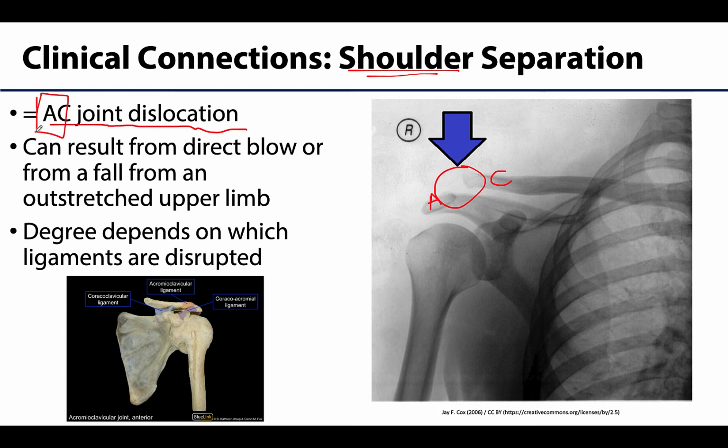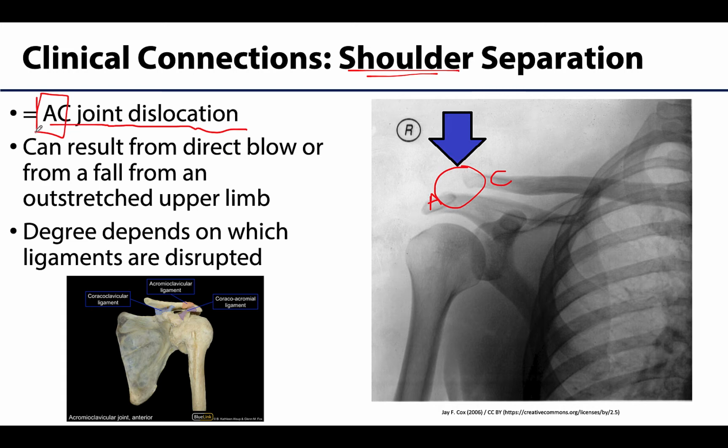Now this can be caused either by a direct blow to the acromioclavicular joint, say falling directly on it or something hitting really hard there, or it can even be caused by those FOOSH injuries, so that fall from an outstretched upper limb, and that force will kind of move its way up proximally, and it can cause a shoulder separation.